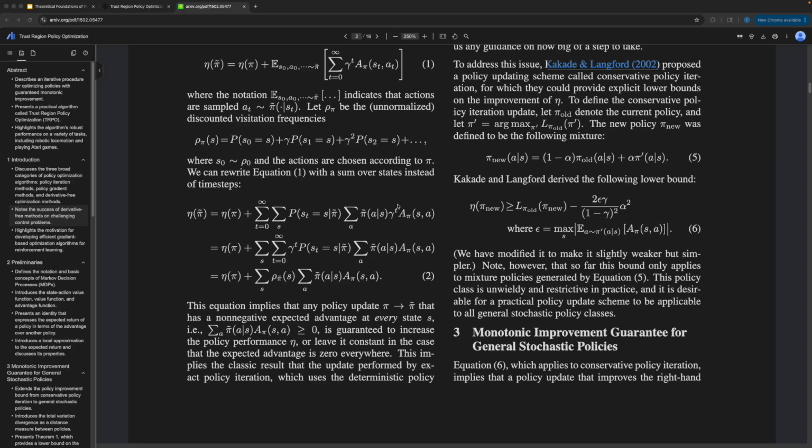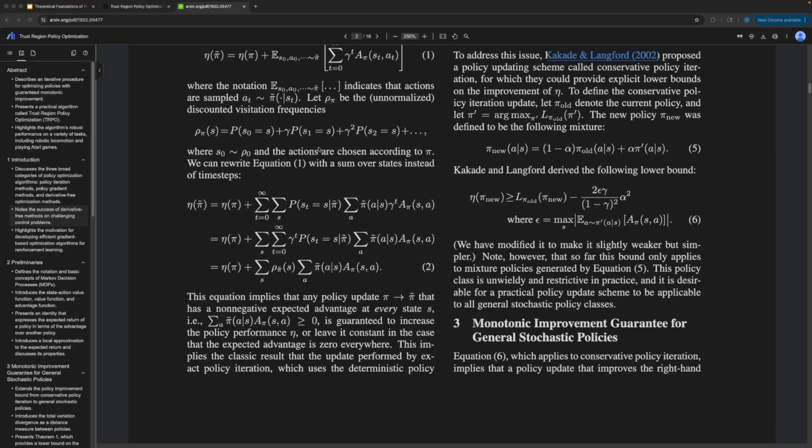So we can collect this gamma to the power t outside here, and also reshuffle the indices of the summation over t equal to 0 to infinity and s. And then if we look at this term here, it is the same as rho pi tilde of s.